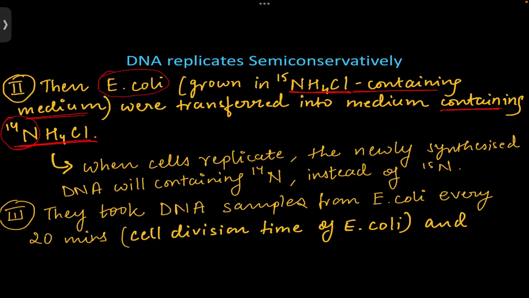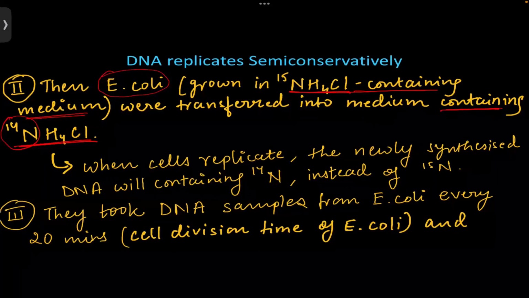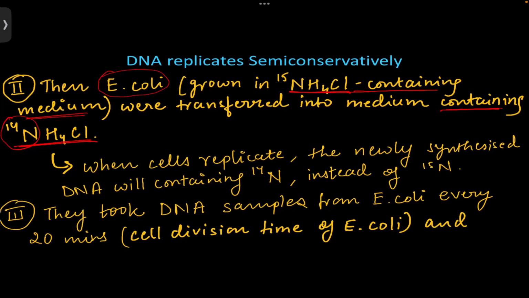Now in this new nutrient media, the E. coli will replicate. It will use that media to divide and make more and more E. coli cells. When that happens, the N14 isotope will get incorporated into the newly synthesized DNA molecules, because of which the newly synthesized DNA molecule will contain N14 isotope instead of N15.